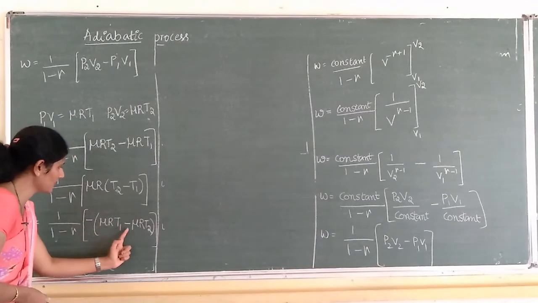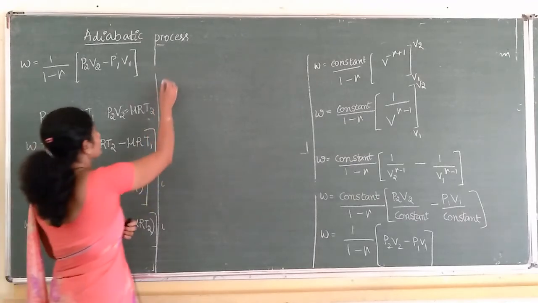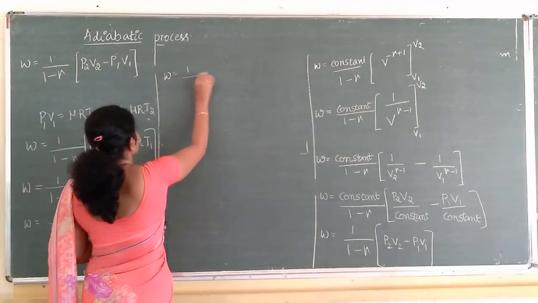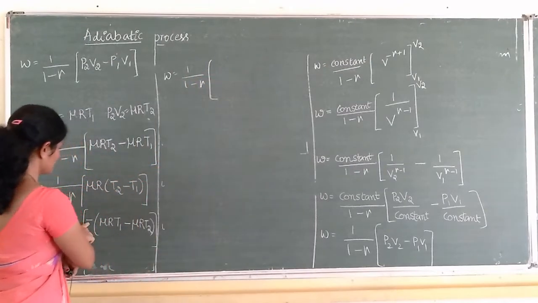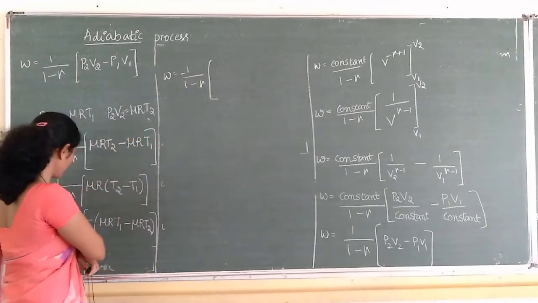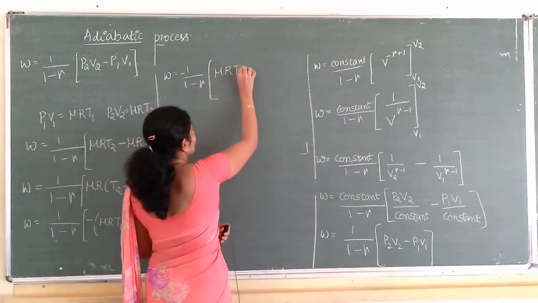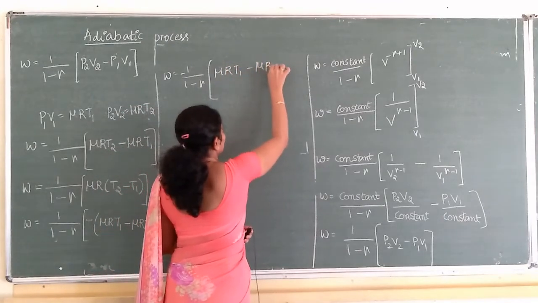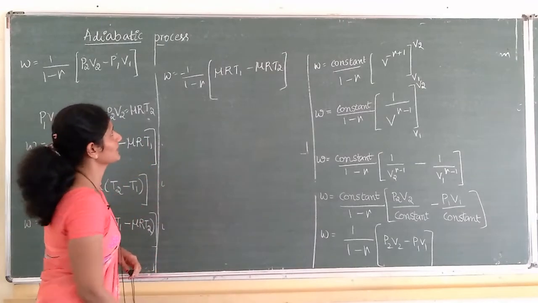So W is equal to minus 1 by 1 minus gamma into mu r T1 minus mu r T2.